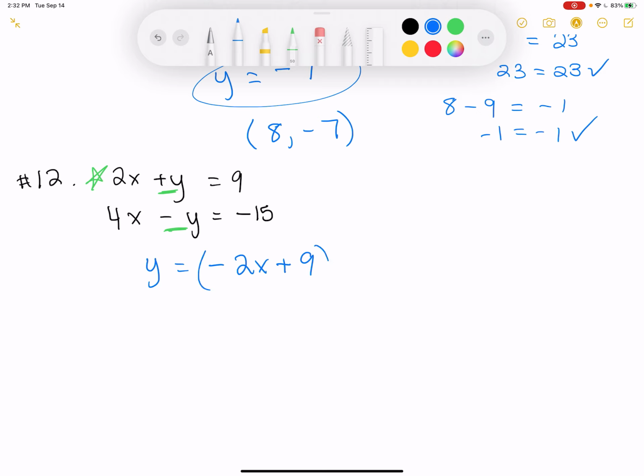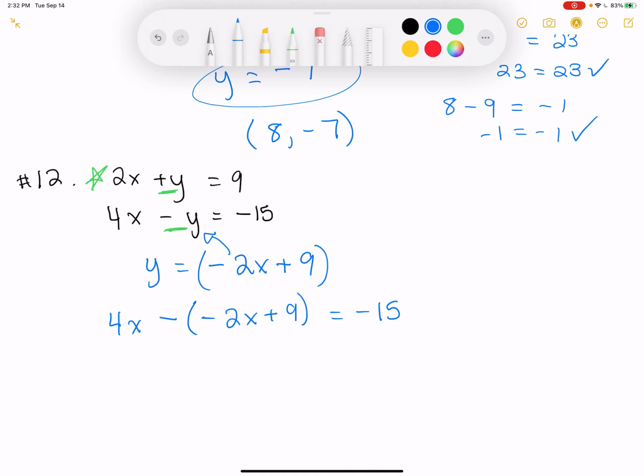So now I'm taking this whole thing and plugging it in up here for y. We have 4x minus, and then in parentheses negative 2x plus 9 is equal to negative 15. Okay, what's going on right here with this negative in the parentheses? What do I need to do to it?